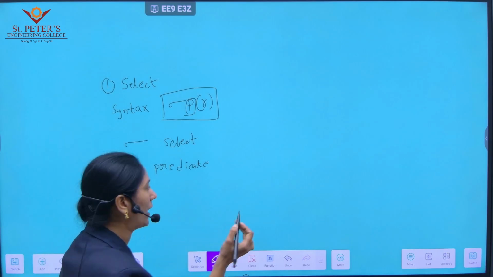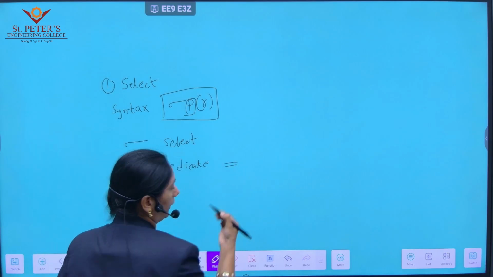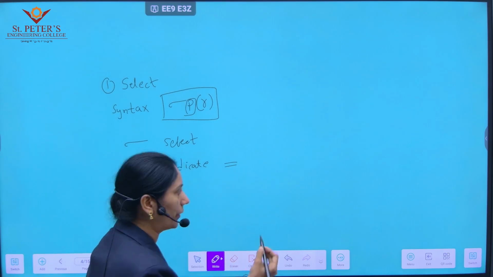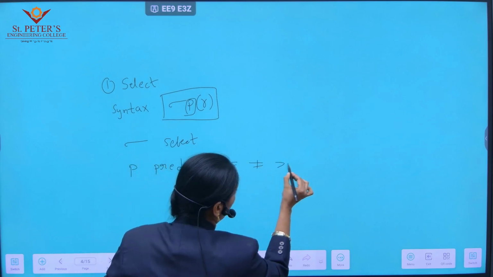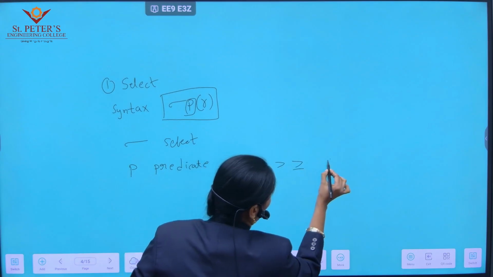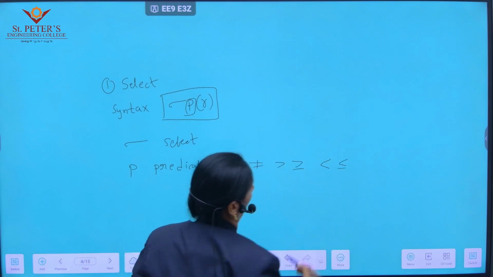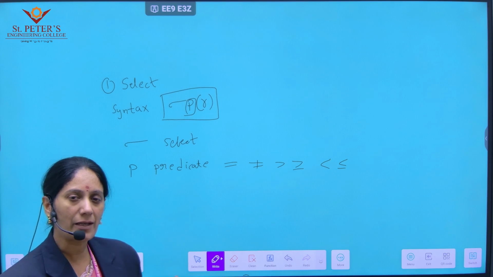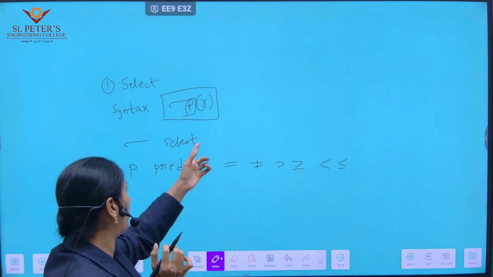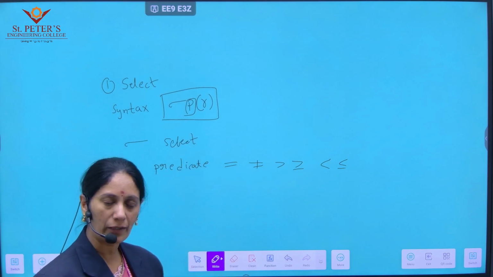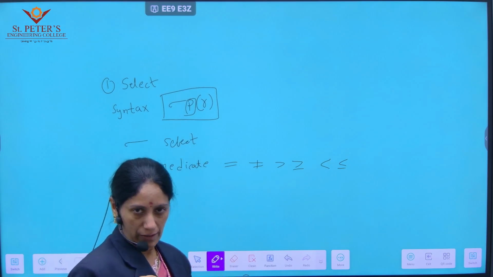What are they? Equal to is one predicate operation, then not equal, greater than or equal, and less than or equal. These are the different types of predicate operations that can be performed by P. Clear? That is the select operation.